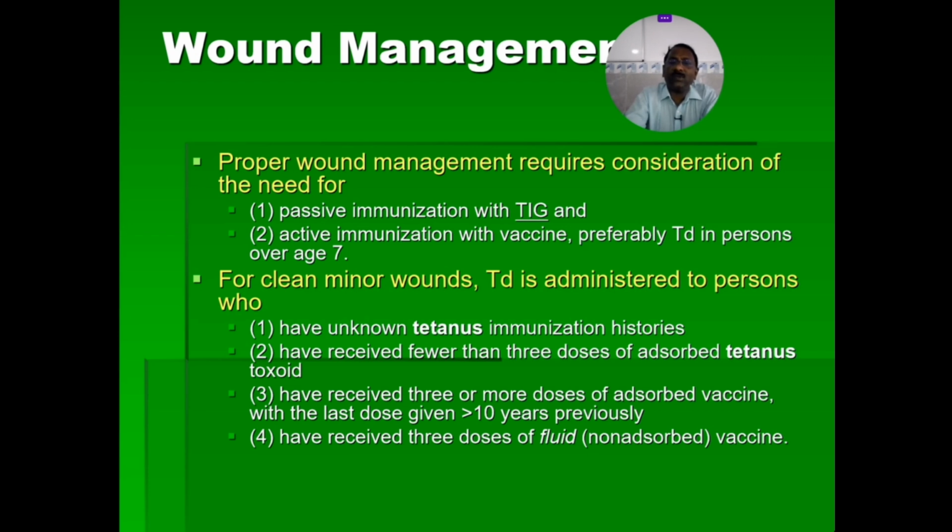See, we often forget all these figures, but one thing is very clear: wound cleaning is very important, tetanus immunoglobulin is important, active immunization with the 3 doses is important, and a booster dose once in 10 years is very much needed.